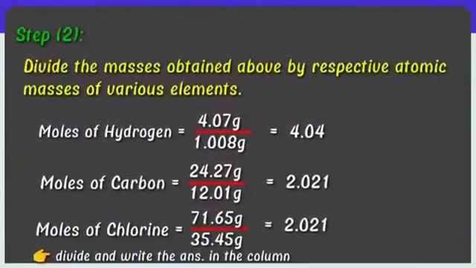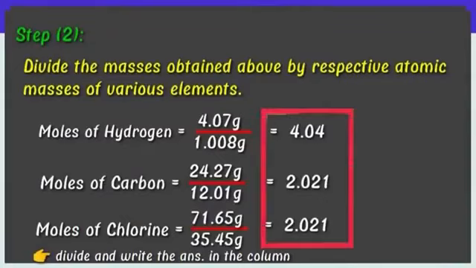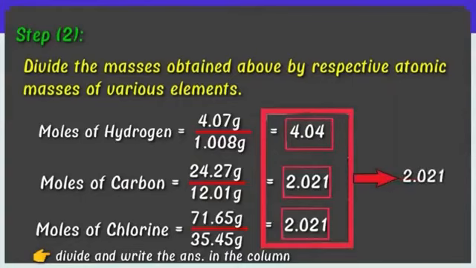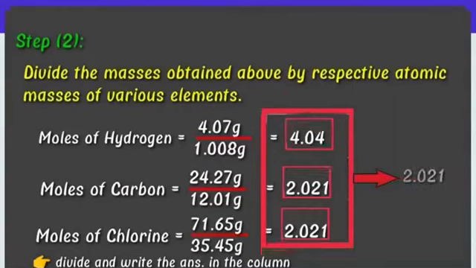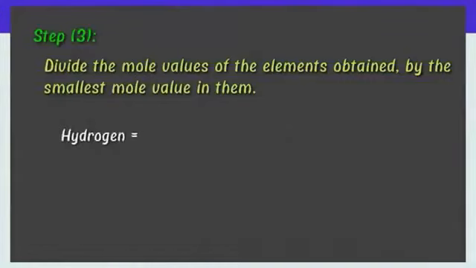So now the smallest is 2.021, so we're going to divide each of them by the smallest, and it will give us the simplest mole ratio. So in step 3 now we do that.